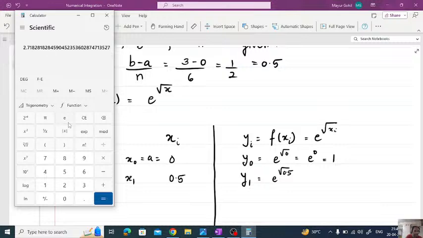Exponential e power, here it will be square root of 0.5. It is showing me 0.7 over here. Square root of 0.5. Yeah, I know. Just a minute. I'll take it like this only.